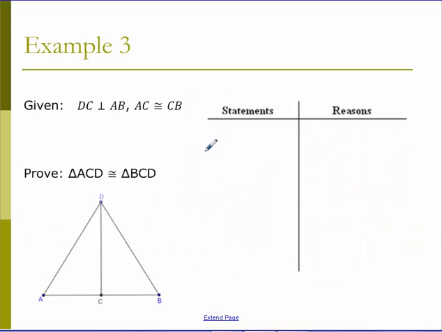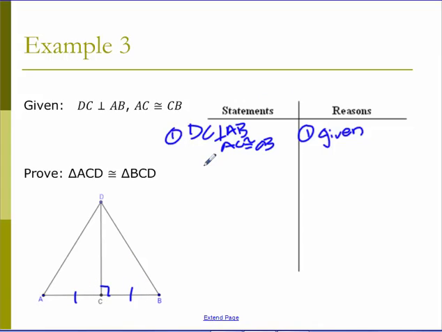Now my next proof, we got DC is perpendicular to AB, and AC is congruent to CB. That's my given. So I'm going to label that DC is perpendicular, AC and CB are congruent. So what I have here, I have two right angles.